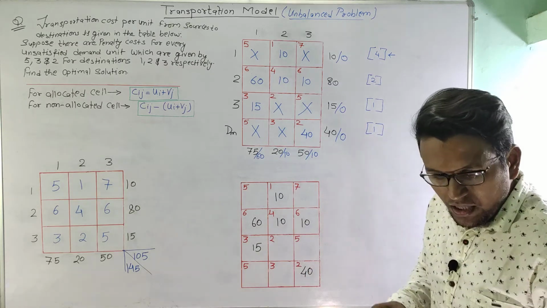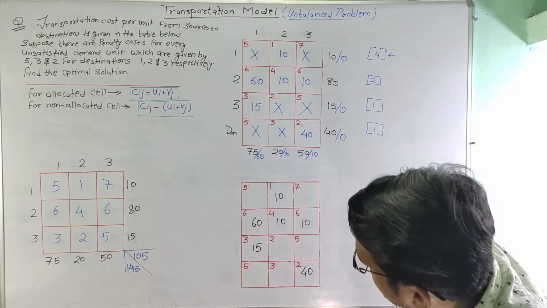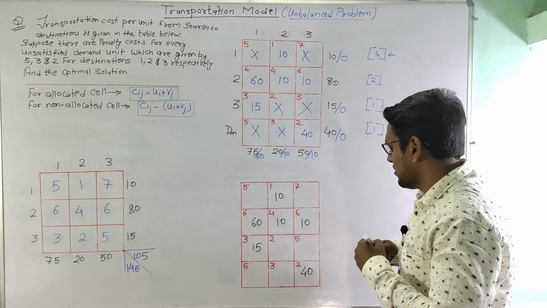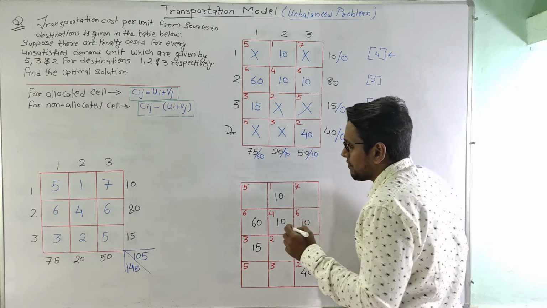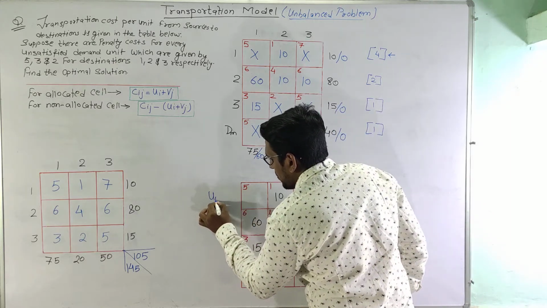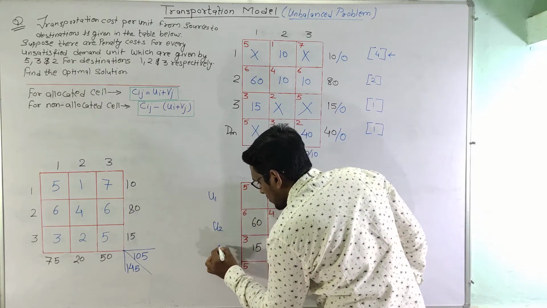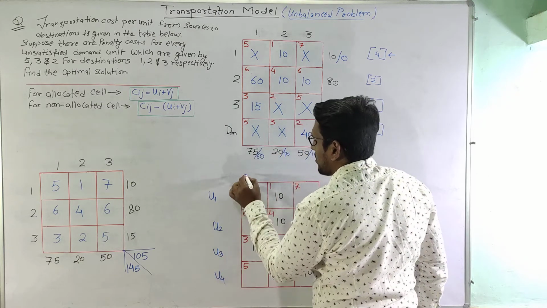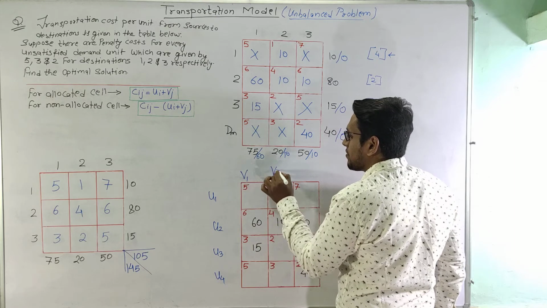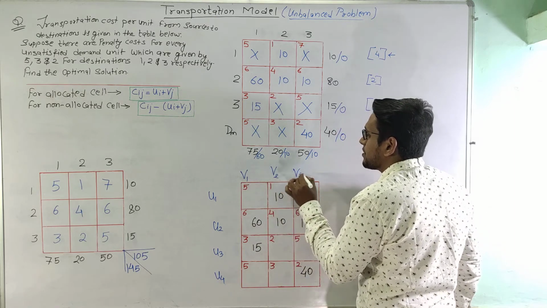Now in the modified distribution method we need to calculate the values of the variables, that is u1, u2, u3, u4, v1, v2, v3.